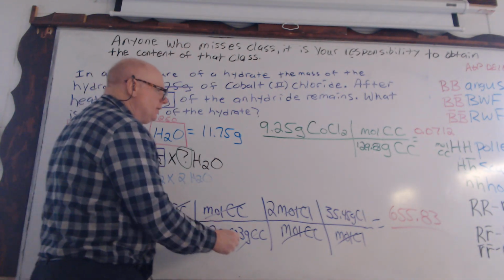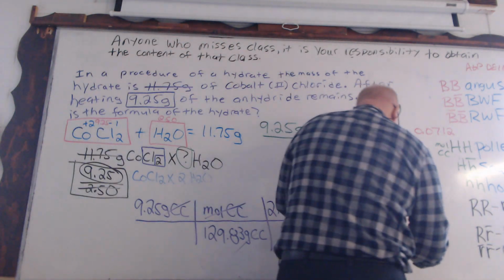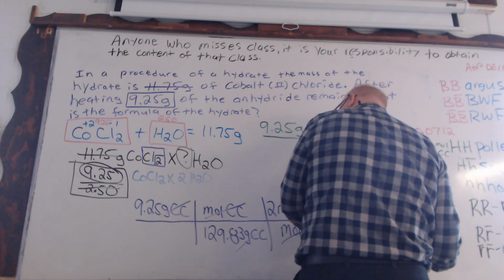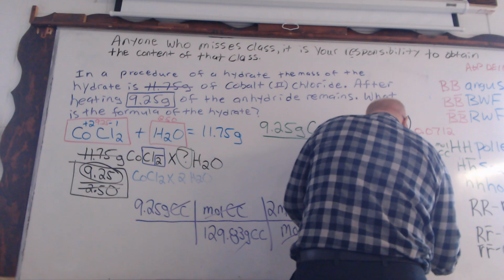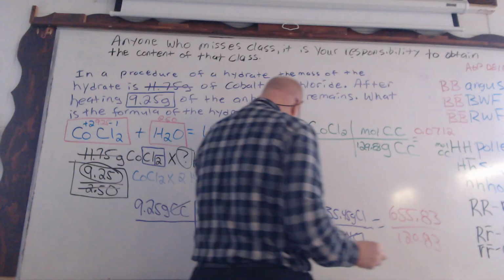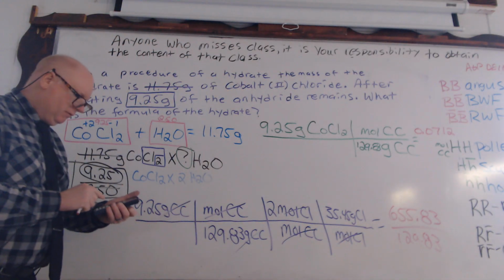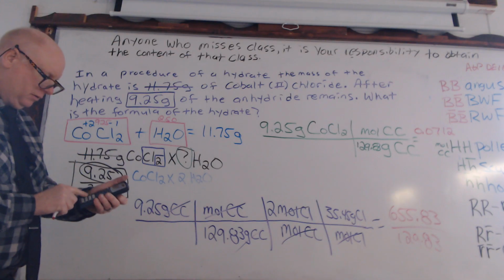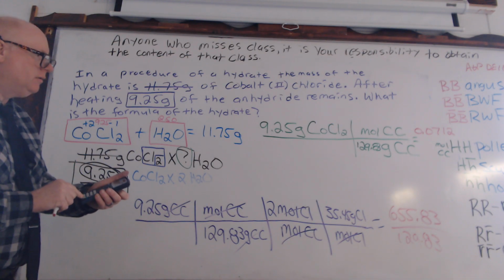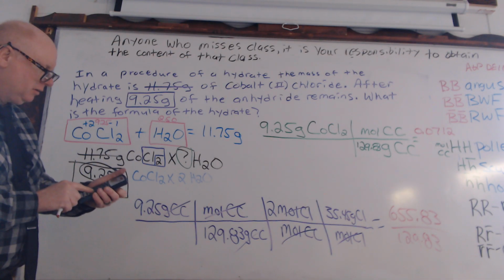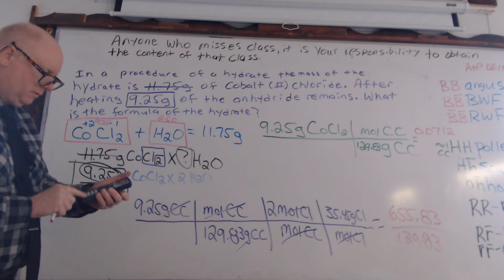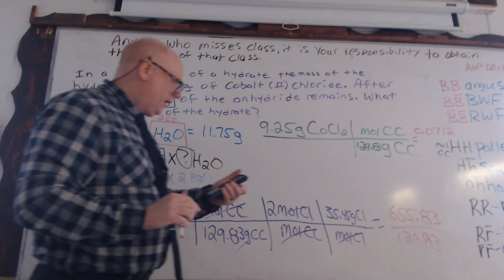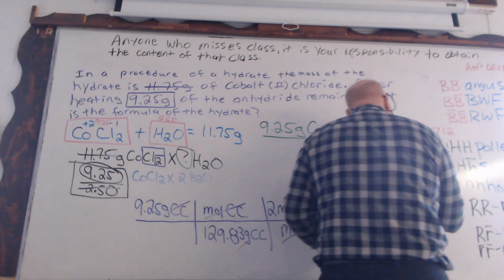We've got 129.83 to contend with. Okay, so then when we divide that out, we get 5.05 grams of chlorine.